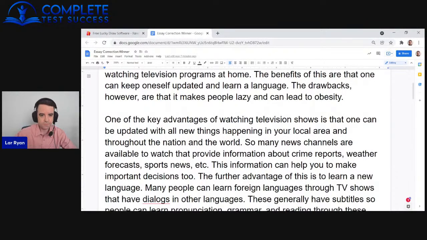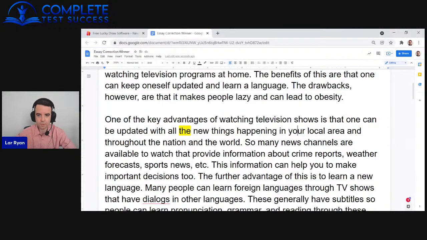Okay. So one of the key advantages of watching television shows is that one can be updated with all the new things happening in their local area. So we're talking about a person, and now you're talking about the reader. So you cannot change the focus.